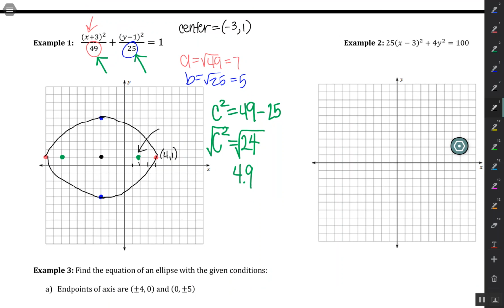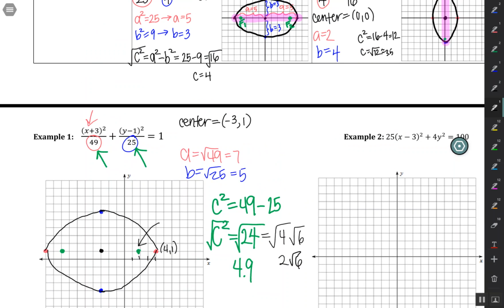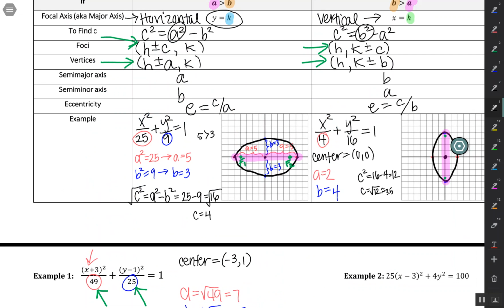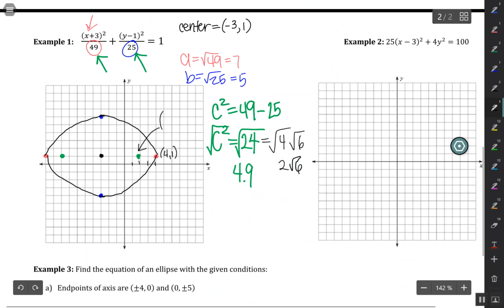Okay, well, you're going to have to simplify these. It's 4 times 6, so it's 2 root 6. And so this one is a greater than b, so I'm going to take h and add and subtract that c. So this is h, which is negative 3, plus 2 square root of 6, comma 1.